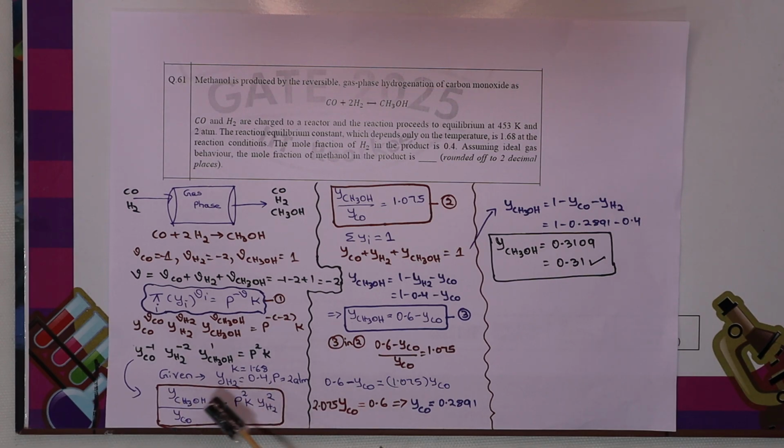That means if you can get the fraction of methanol, which is required for this question, from this particular equation, and you know all the right hand side terms, which is pressure, which is given, the equilibrium constant value is given, and the fraction of hydrogen is given. If you put everything here, you get 1.075.